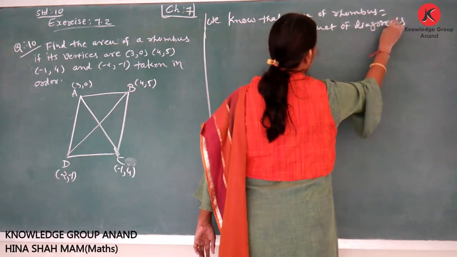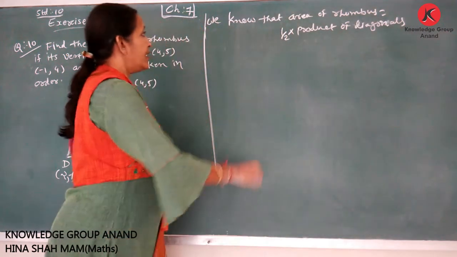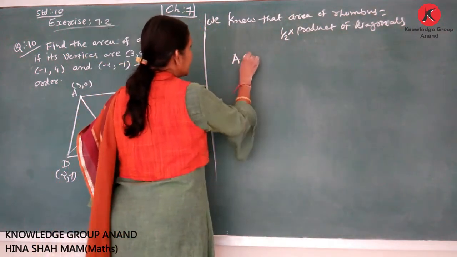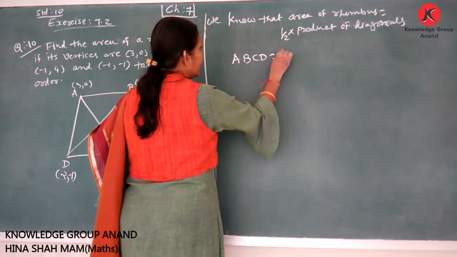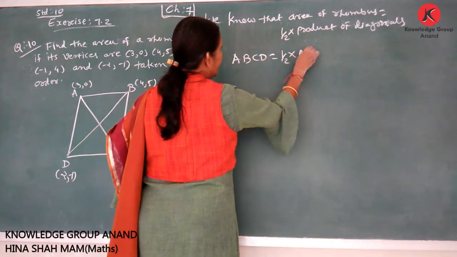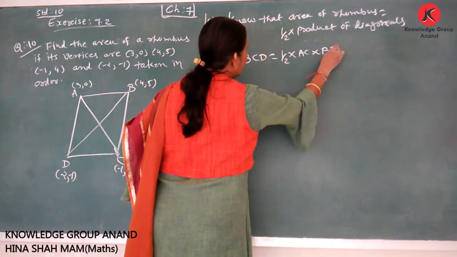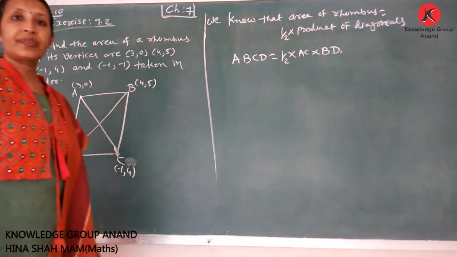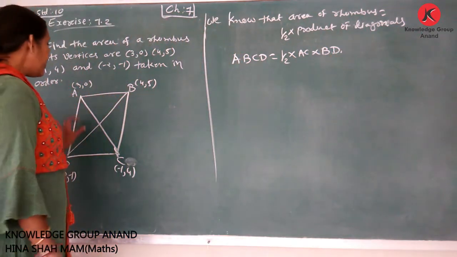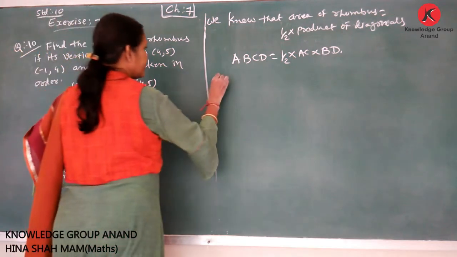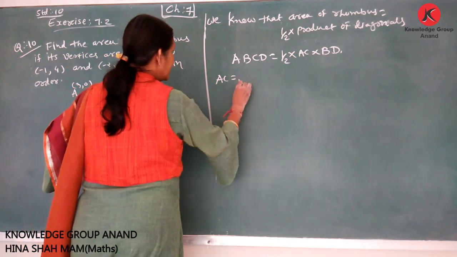Here area of rhombus ABCD is equal to 1/2 into AC into BD. Now we find AC.